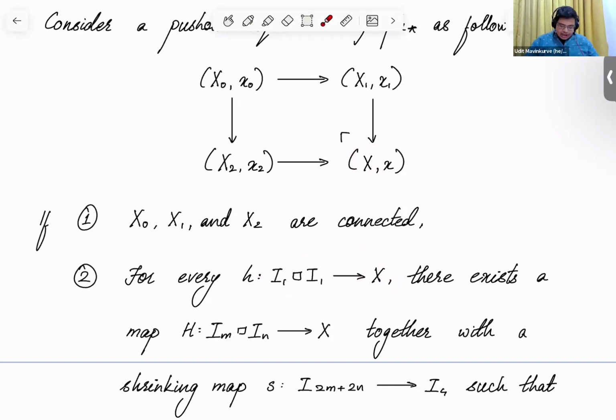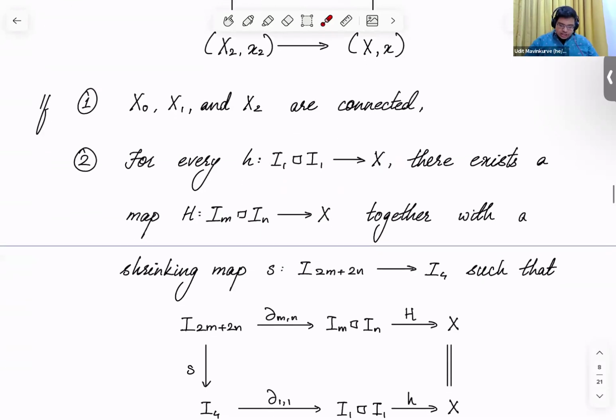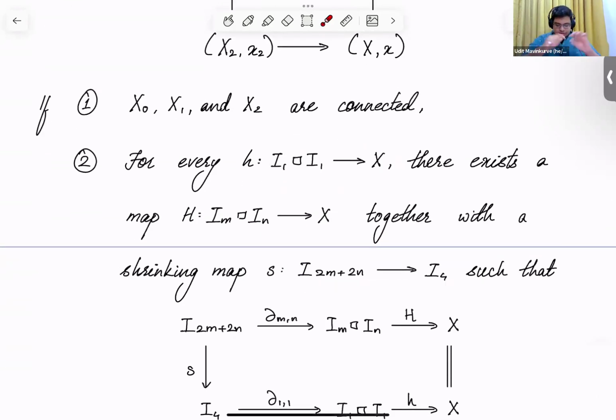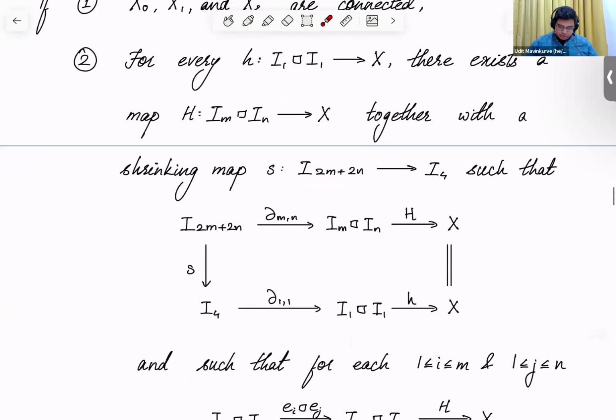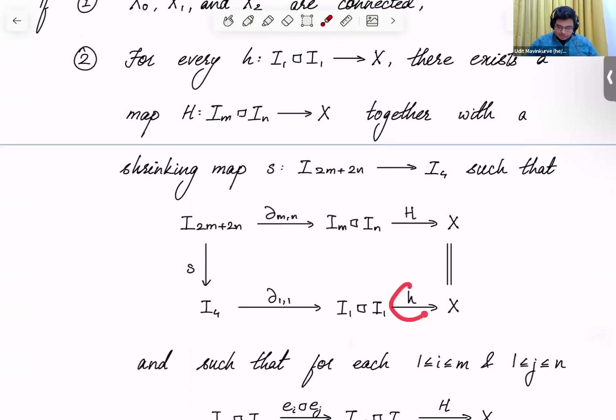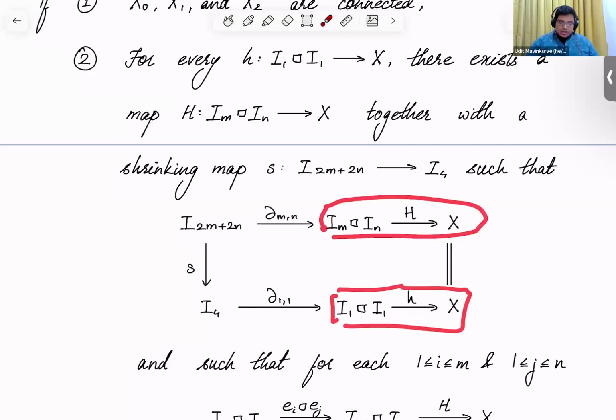There has to exist an m by n grid, not just a 1 by 1 grid, together with a shrinking map which compares the two boundaries. This is the boundary of the 1 by 1 grid, and this is the boundary of the m by n grid, such that the following diagram commutes. So this is the 3- or 4-cycle that you started out with, and you're subdividing this map out of 1 by 1 into a map out of m by n.